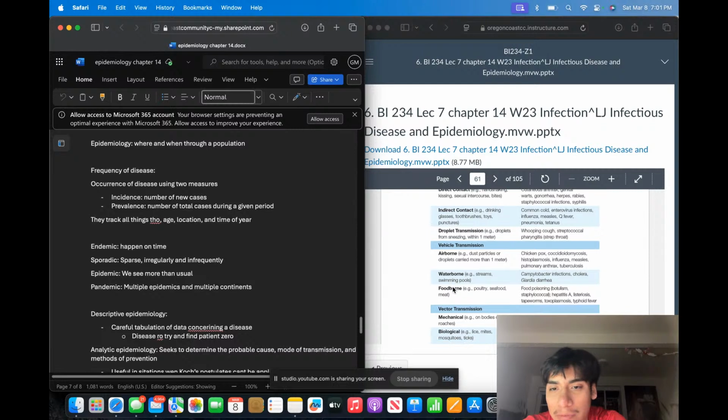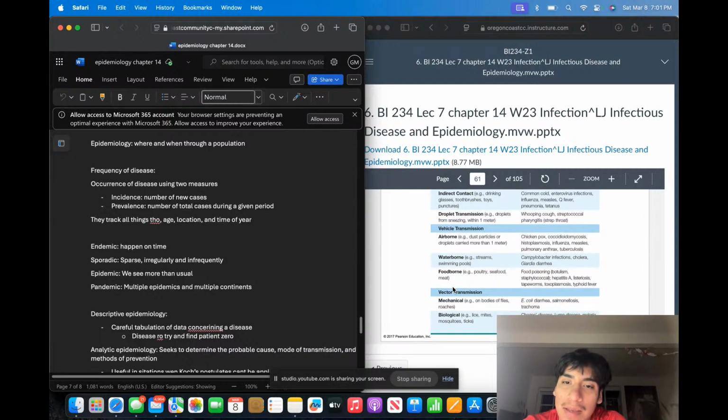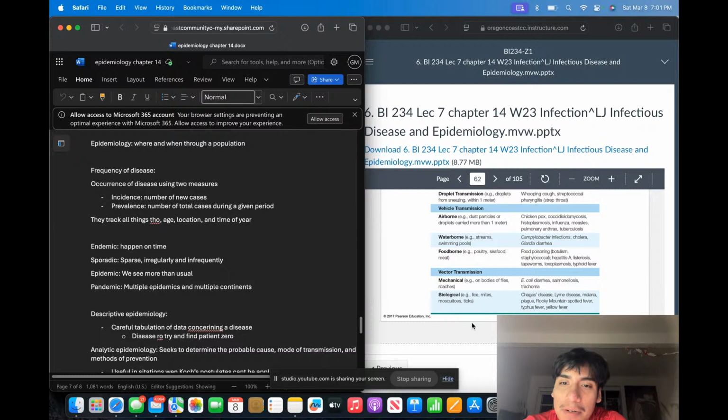Then airborne, waterborne, foodborne, mechanical, biological. I don't know what makes the bodies of flies and roaches different from lice, mites, and mosquitoes. Maybe when they're dead.